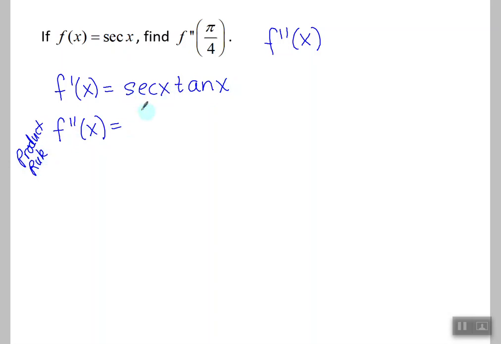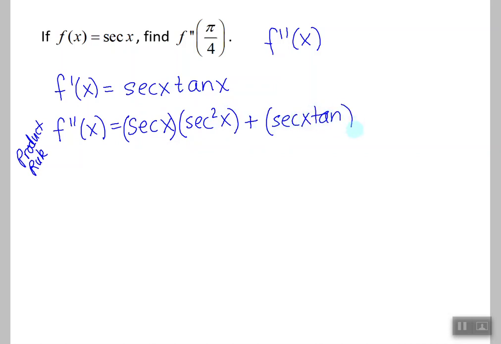Product rule says, take our first function, normal, multiply by the derivative of the second function. Derivative of tangent of x, secant squared x. Plus, now our first function, its derivative, secant's derivative is secant x tangent x, and then times the second function normal, tangent x.